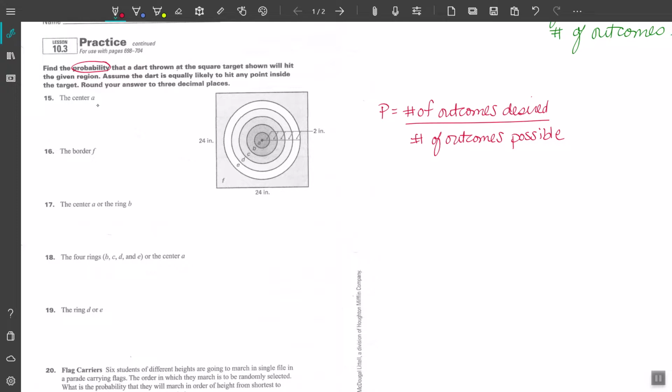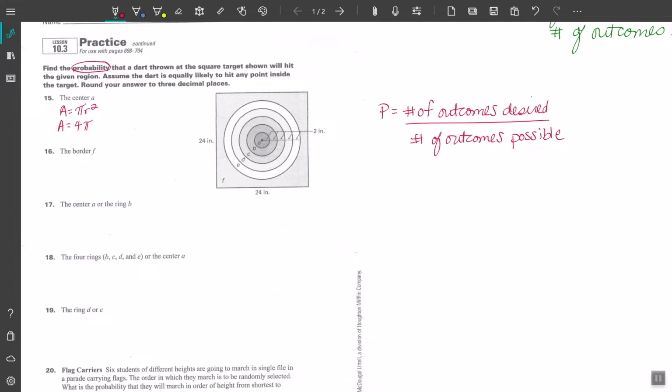For the area of our circle, we know it's pi r squared. For my center circle, the A circle, the radius is 2, so 2 squared times pi. That's the outcomes that are desired. Now, for probability, we want to know the total number of outcomes possible.